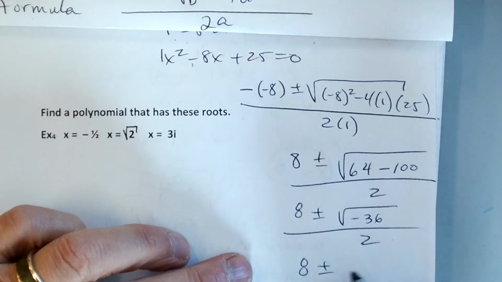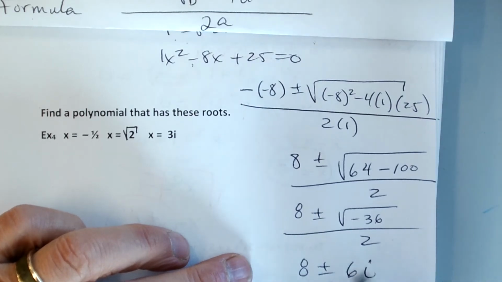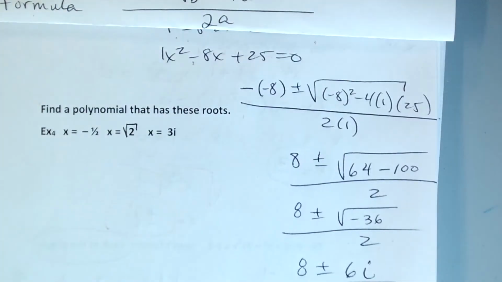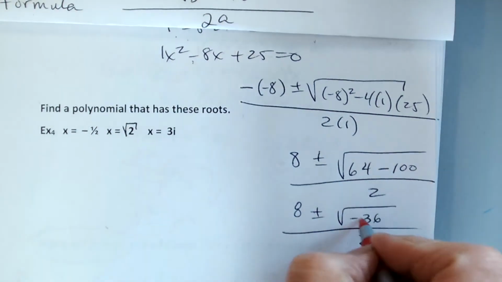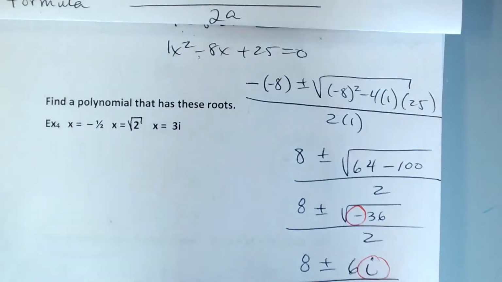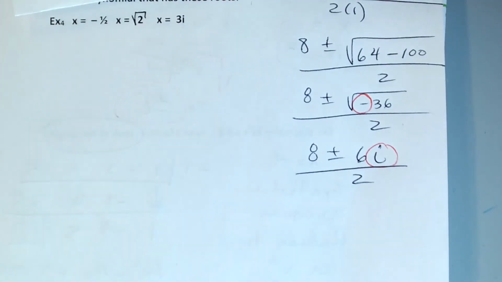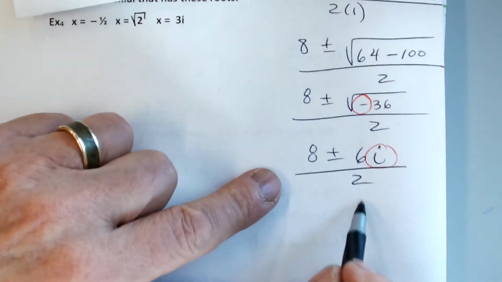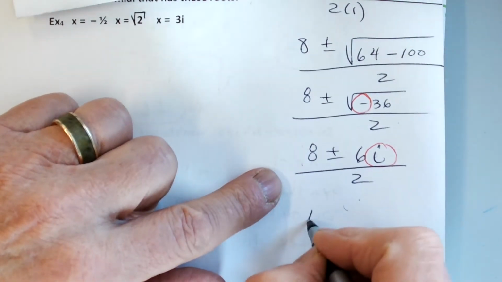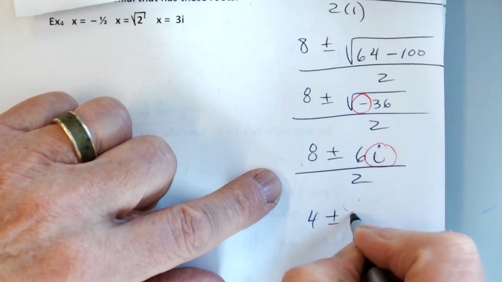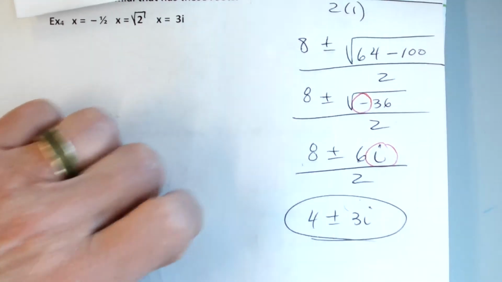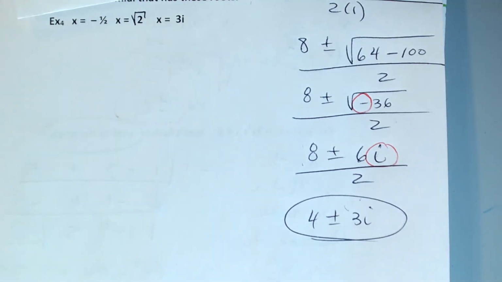Eight plus or minus 6i over 2, and you guys hopefully see where I got the i from. The i comes from the square root of negative 1, right? Everybody see where the i comes from? And then finally my answer, if I reduce, is going to be 4 plus or minus 3i. Okay. Amazing. These are good problems, aren't they?